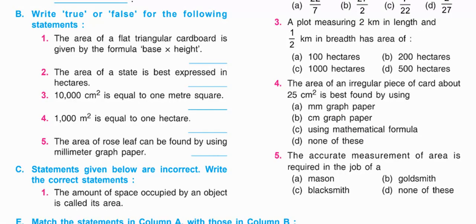So they are writing only 1000 meter square. It is wrong. It is false. Now, the area of rose leaf can be found by using millimeter graph paper. Yes, children. Actually, rose leaf is smaller one. So the appropriate graph paper is millimeter square. So, children, it is true.